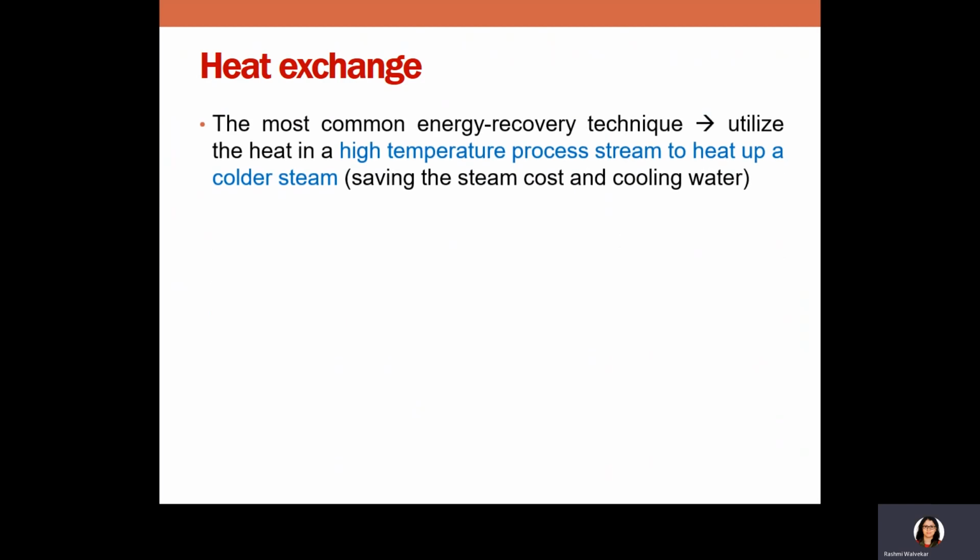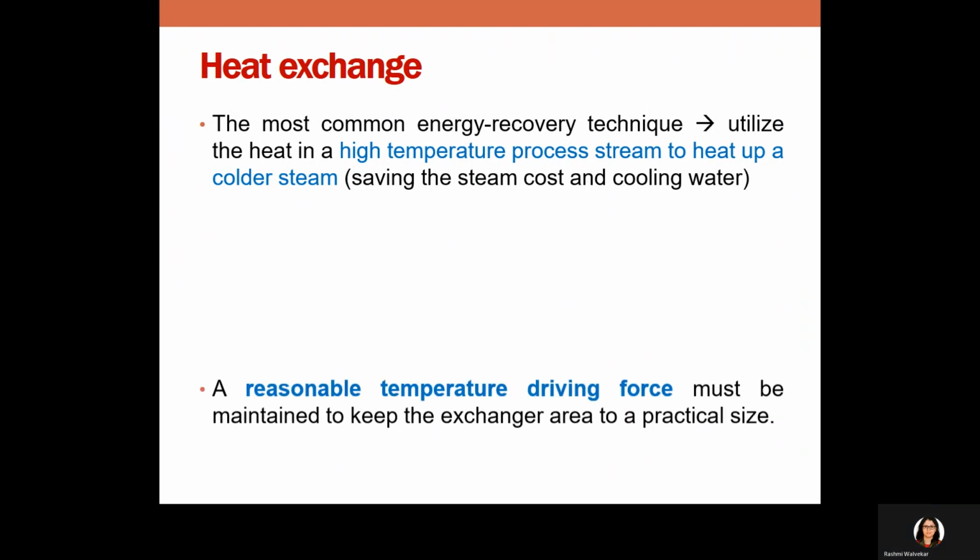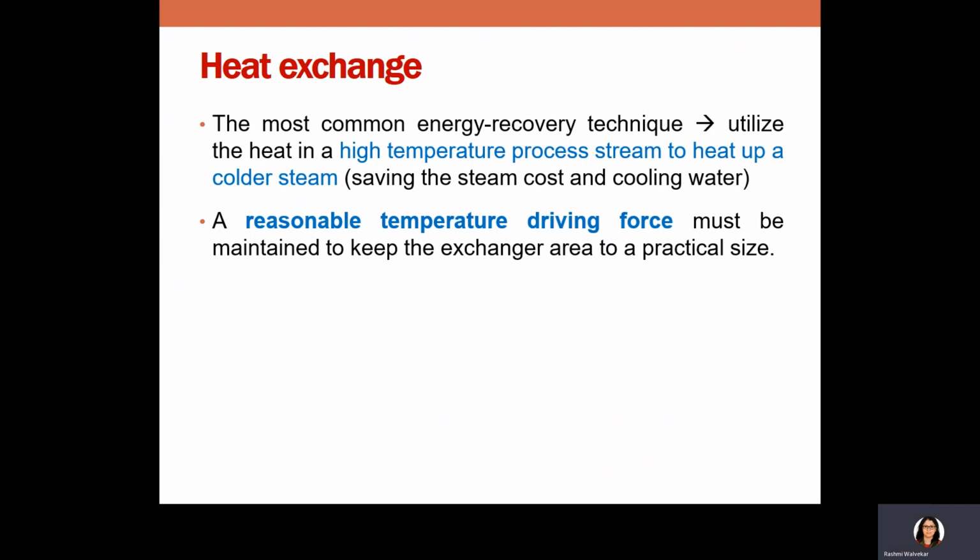So now how do we exchange the heat? We exchange heat between hot process streams and cold process streams. So the hot process streams are used to heat up the colder streams. A reasonable temperature driving force must be maintained.